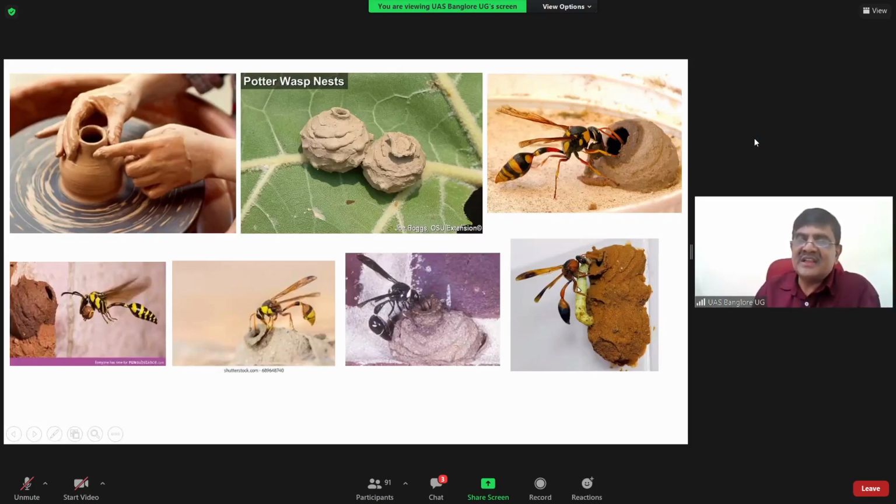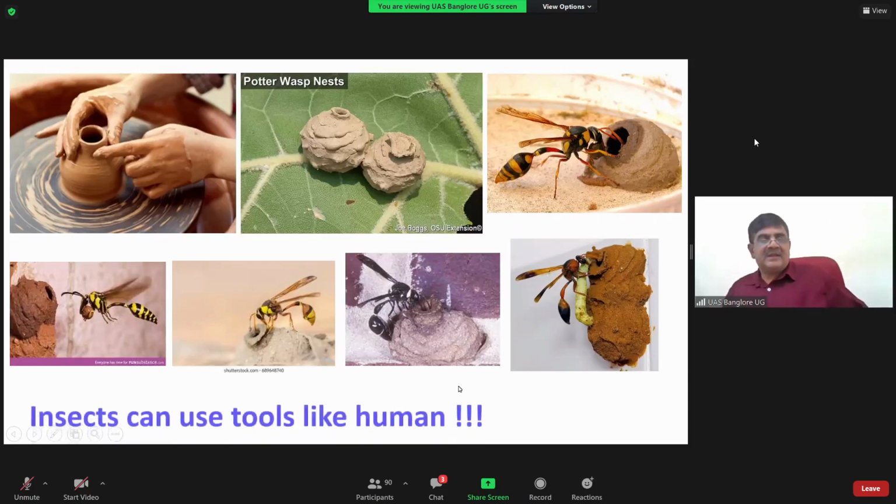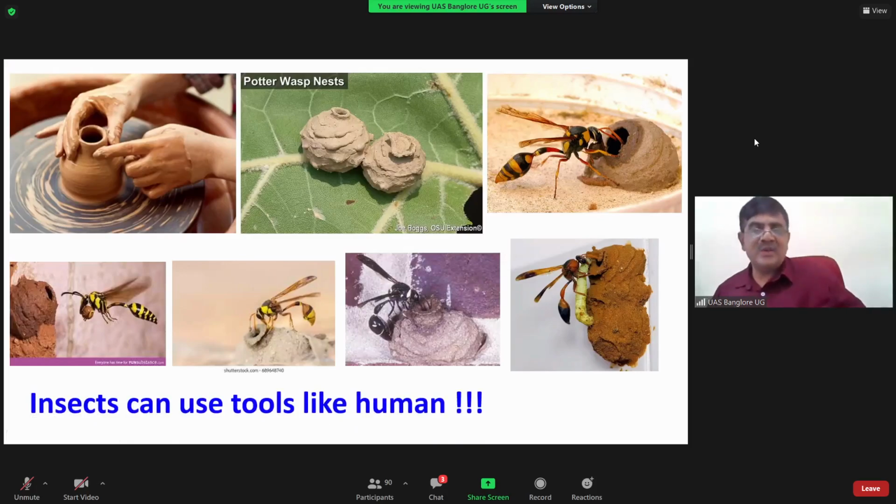Those larval wasps will feed on these caterpillars. That means insects can use tools like human beings. Whatever tools we use for making a pot, insects also use tools for preparing their nest. So this is the first one.